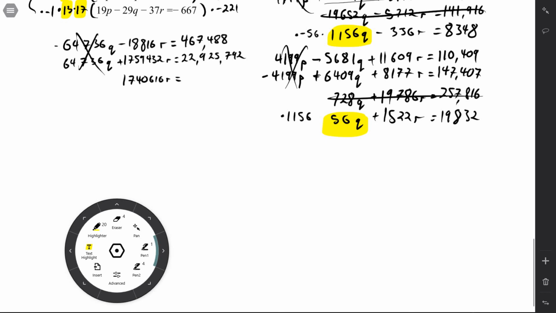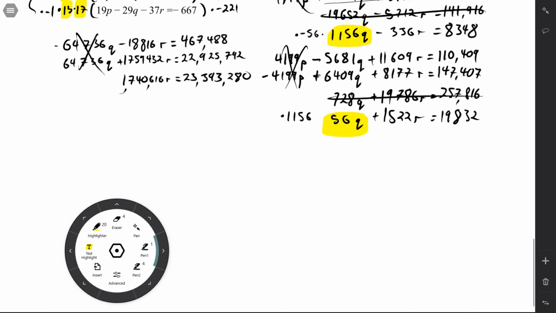I punched this into my calculator wrong. Let me try that again. 22,925,792 plus 467,488. That equals 23,393,280. Let me put the hatch marks in there.